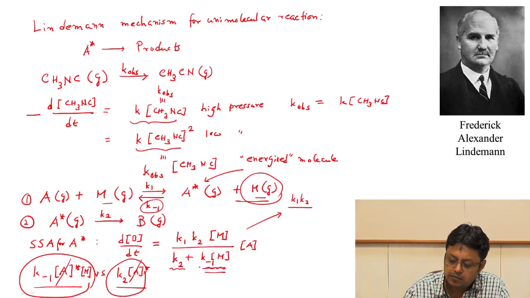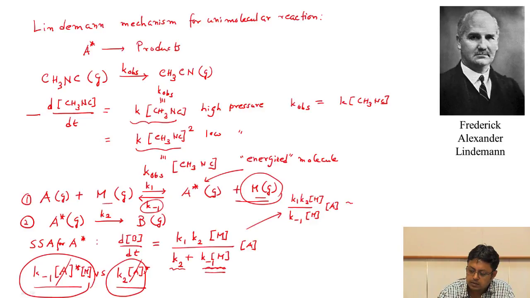And then what you have is nothing but K1 K2 divided by K2, which is nothing but K1 K2 into M divided by K minus 1 into M into A, and which is nothing but, now you can see that this M cancels, so you have a combination of rate constant times A, but we said that we call as K observed.